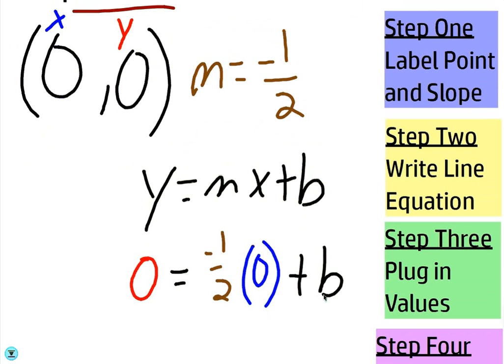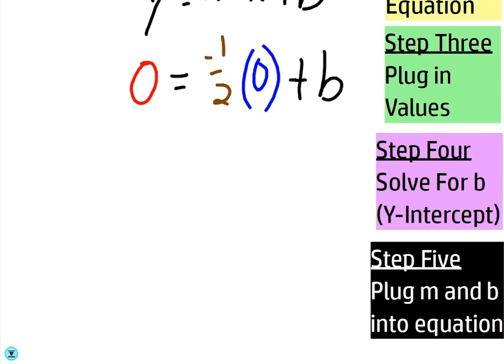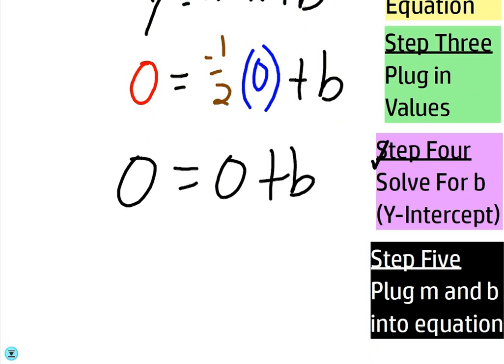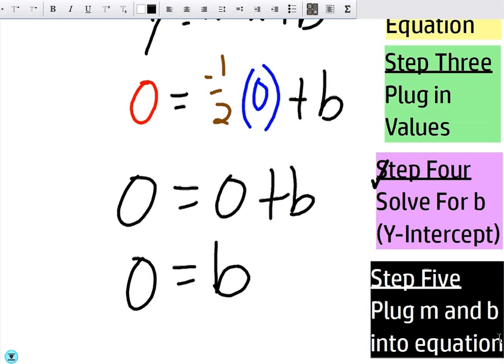Now we're going to solve for b. Well, basically, we're just going to get 0 equals 0 plus b, right? Because negative 1/2 times 0 is 0. So b is 0. Again, I should have put this on the step. I'll type it up again. You want to simplify after writing out the equation.